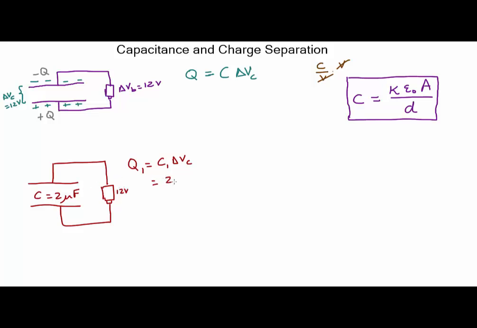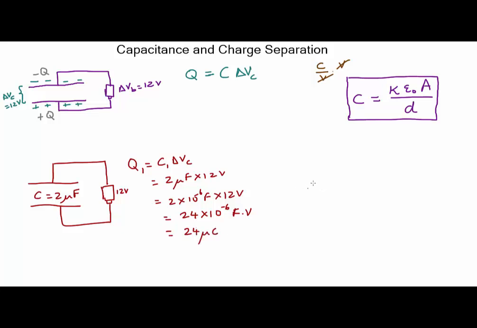So this will become 2 microfarad times 12 volt, which is 2 times 10 to the negative 6 farad times 12 volt. That ends up being 24 times 10 to the negative 6 farad times volt. And because farad is simply coulomb over volt, this farad times volt is coulomb. So this gives me 24 microcoulomb.